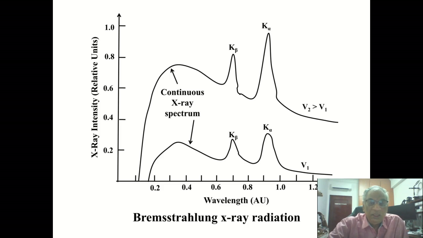Depending on the potential difference applied to the cathode and anode, the relative intensity increases as the V is increasing. You can see here for V2 greater than V1, intensity of the spectrum at any stage will be more, though the wavelength values at which K beta, K alpha lines appear remain same, but intensities are different.